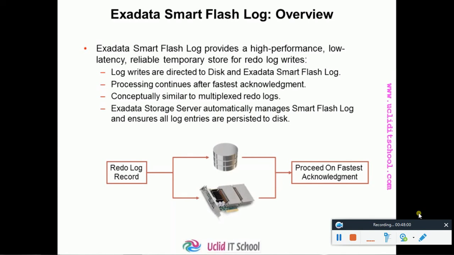So how to improve the performance? That is where flash log comes into the picture. Whenever a redo record needs to be written, the redo record writing is directed to the redo log files, which are on the hard disk, as well as the flash log, which is on the flash storage.